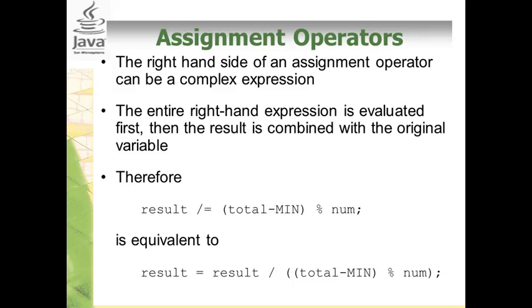After that, the operator division we put after that, and we combine the whole thing on the right side of equal, so if you observe, it's equivalent to total minus modulus num in the whole bracket. That means result equal to result divided by the whole expression on the right side of equal.